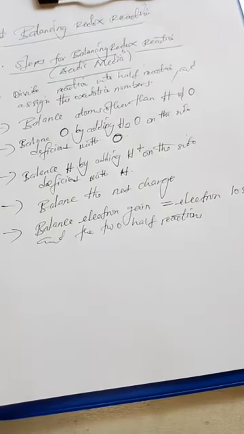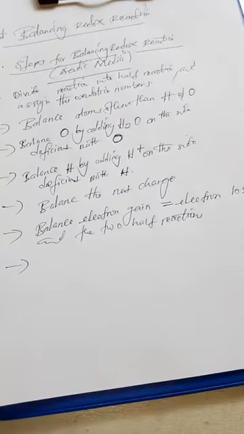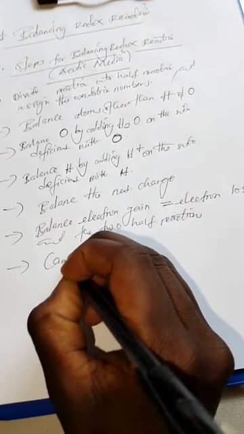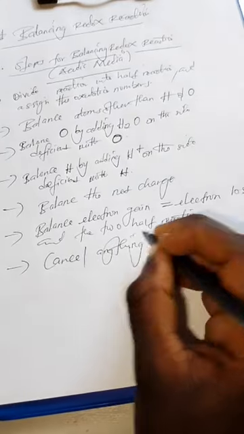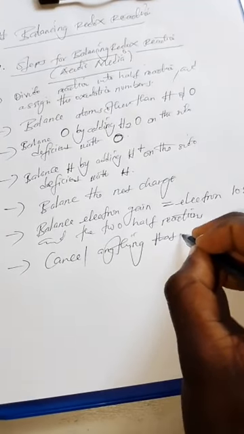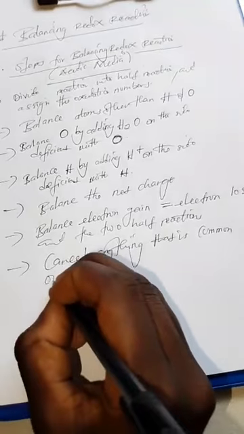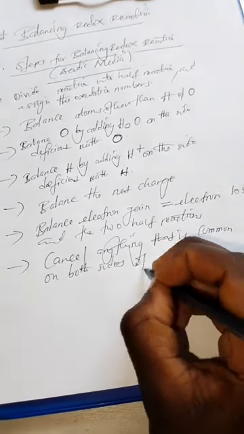Then from there, when you do that, you need to cancel anything that is common on both sides of the equation. Okay, I think this is the last one. You need to cancel anything that is common on both sides of the equation.